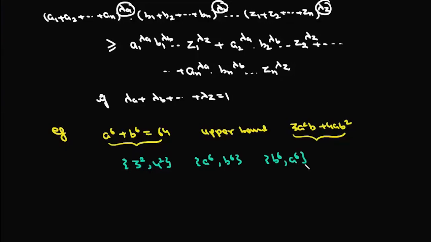Now we have to choose their powers such that the sum of lambda A plus lambda B up to lambda Z is equal to 1. So we'll choose the power of this as 1/2, this power as 1/3, and this power as 1/6. If we add all three, we get the sum as 1. So now we can use Holder's inequality for these sequences.